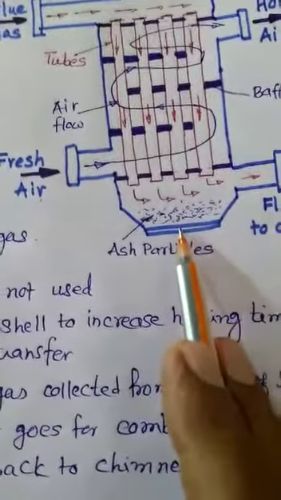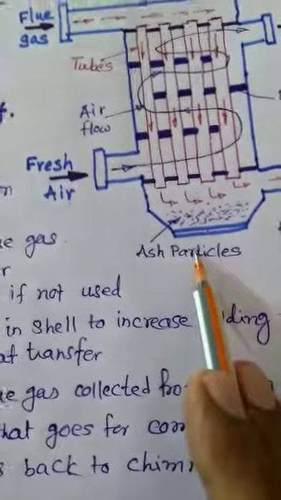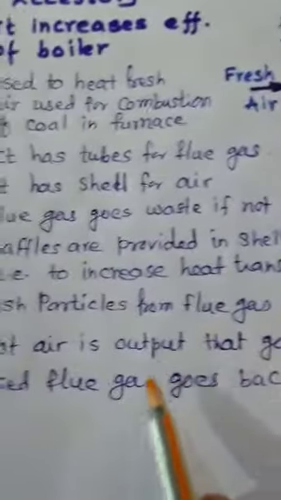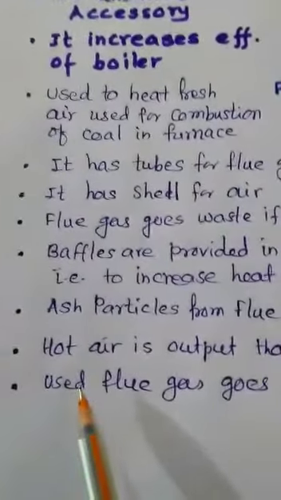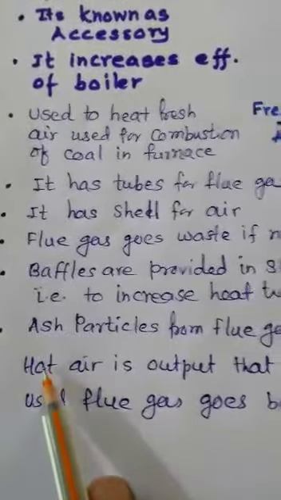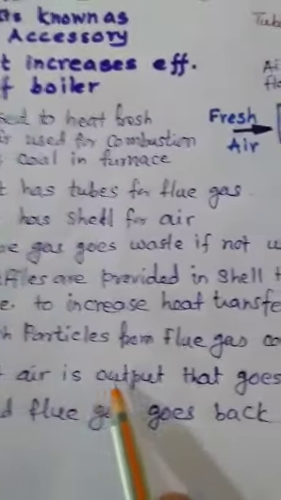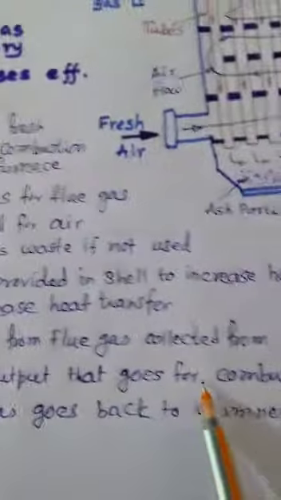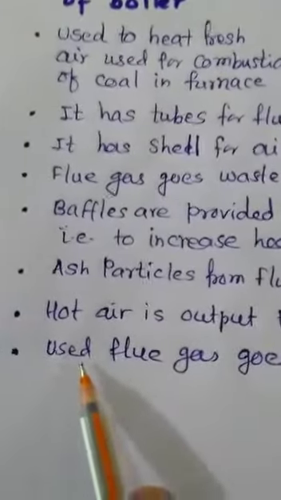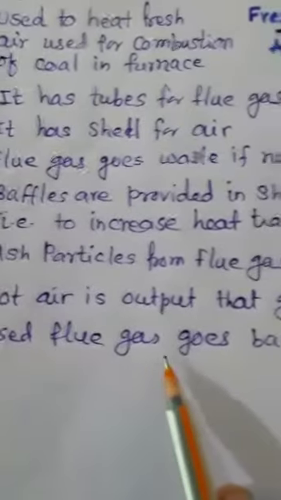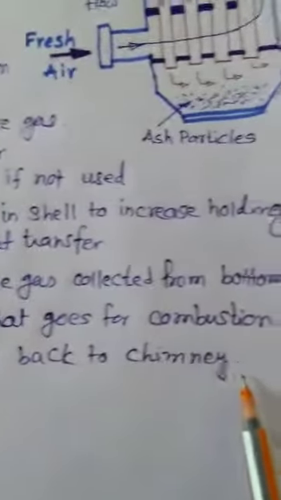From this gate at the bottom of the shell, these ash particles are removed quite frequently. It is not continuously open. The most important point is that hot air is the output that goes for combustion. And the last point you can add is that the used flue gas goes back to the chimney.